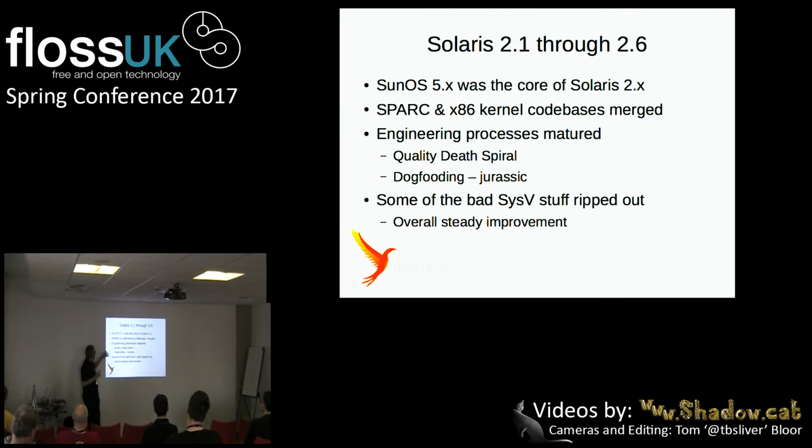So we had this mapping where SunOS is the kernel and the core of the operating system. Solaris is the entire operating environment. It's the desktop. It's all the tools. It's everything. It varies a little depending upon the release. But at the core of Solaris 2.x is SunOS 5.x.